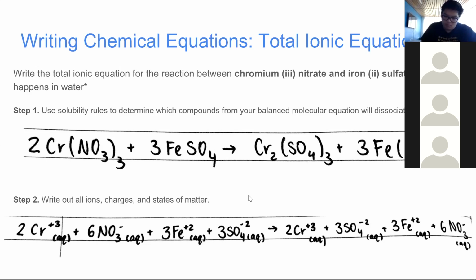So in this case, since they all dissociate in water, they're all going to have aqueous as their subscript or as their state of matter. And then from there, you include the charges, and you make sure to multiply the coefficients to make sure that you have the correct number of ions on each side.